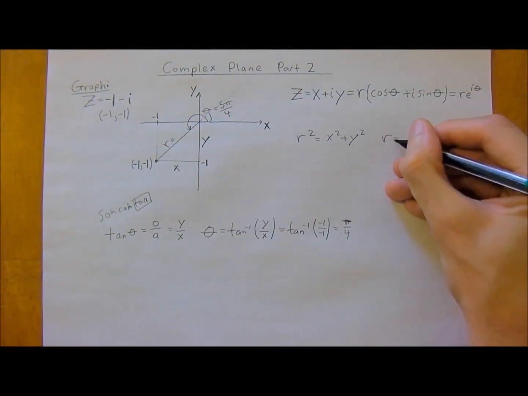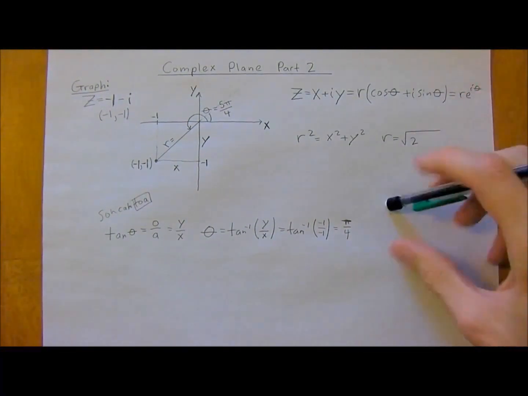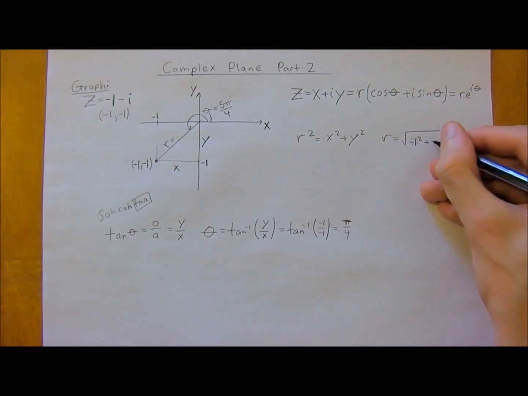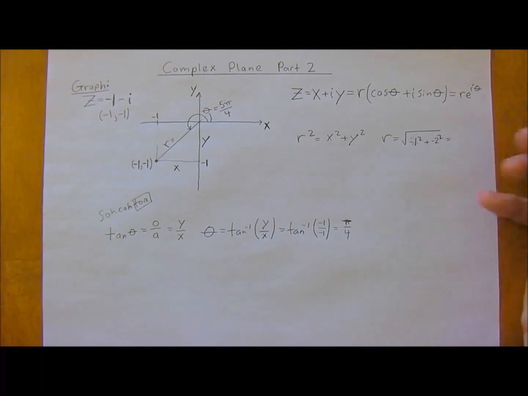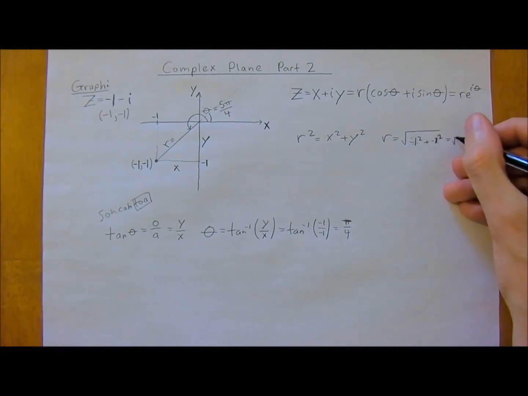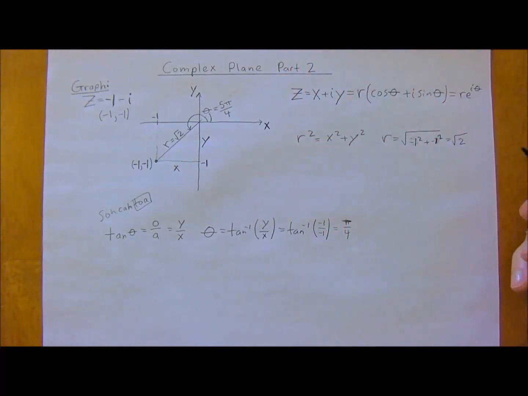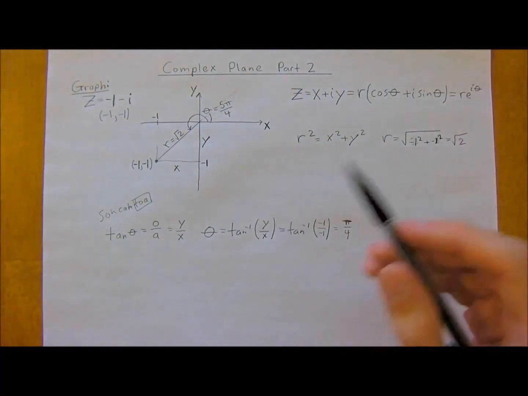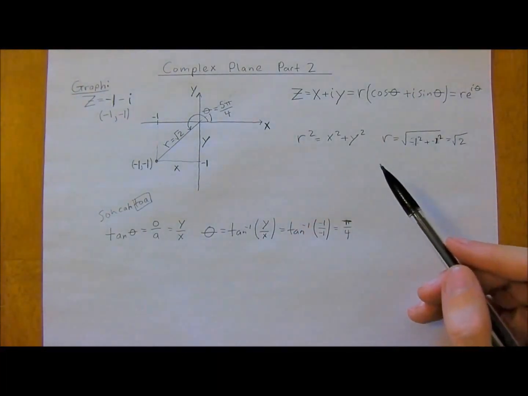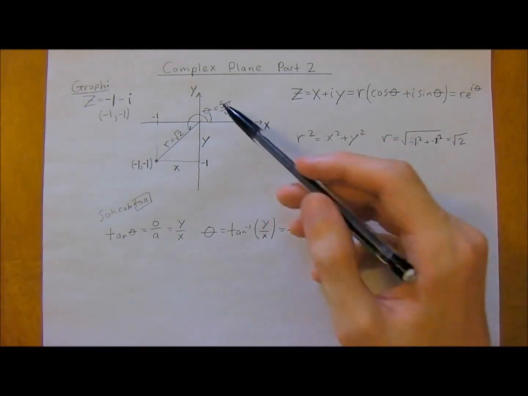So r, or the modulus, in this case we're dealing with (-1) squared plus (-1) squared, which is the root of 2. So r is just the square root of 2. And so it's very important: the values of theta should always be found from the diagram rather than the formula, even though sometimes this will work out, but mainly if you're just dealing in the first quadrant.